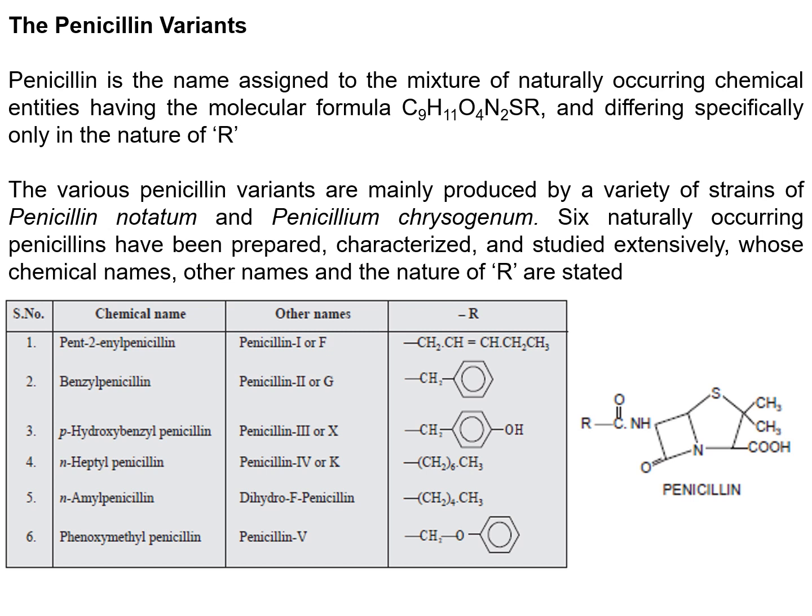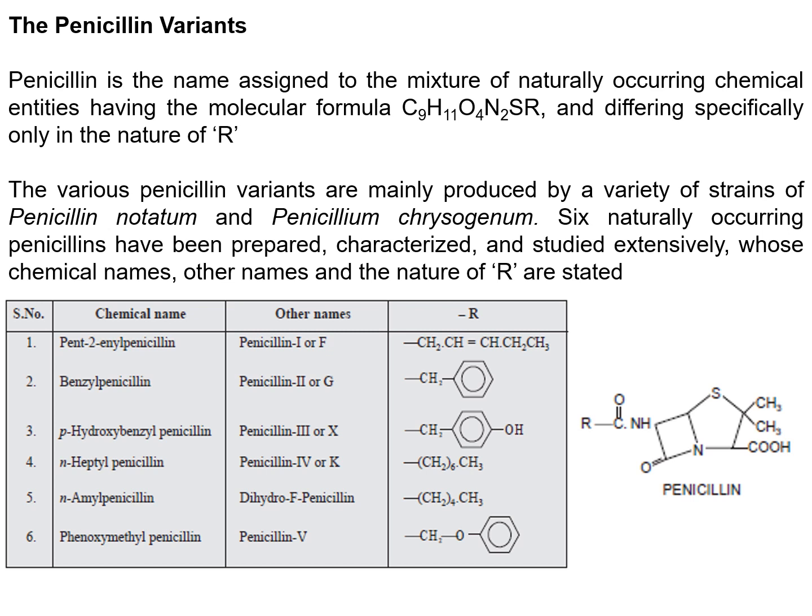So this penicillin G is otherwise called benzyl penicillin. The general molecular formula for penicillin is C9H11O4N2S and the R group. If the R group is a benzyl group, then the penicillin is benzyl penicillin, otherwise called penicillin 2 or penicillin G.